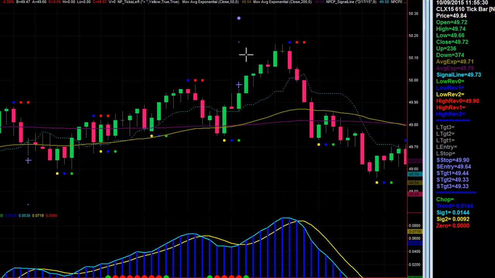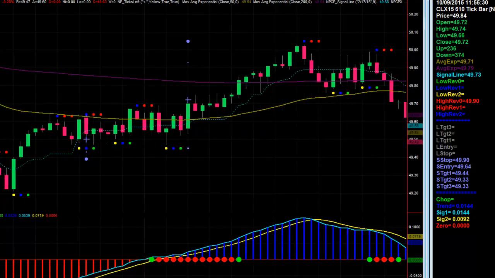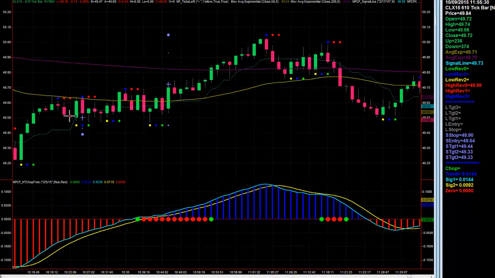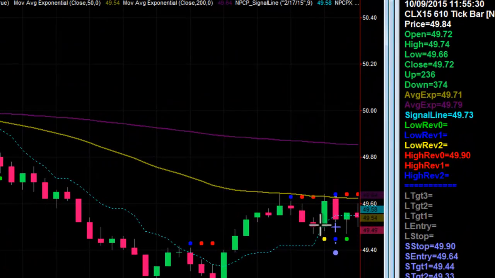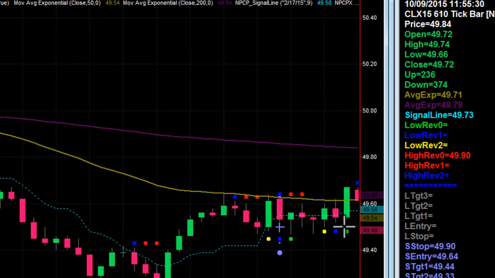But one thing is you could look for tops and bottoms, because when you get a top, let's just go back and use that last trade as an example. You have a low. You have a low here. You have a higher low here.